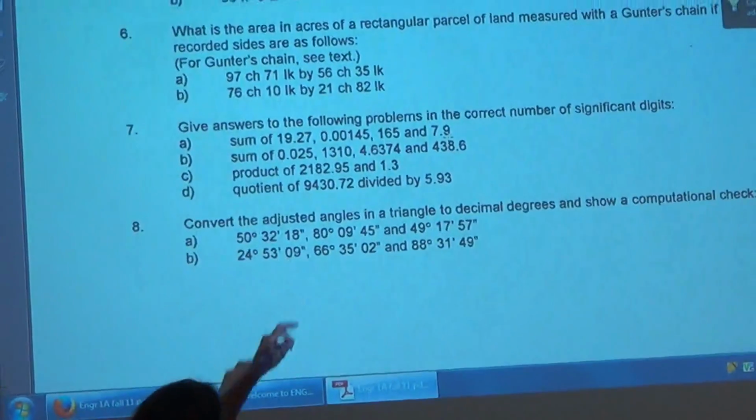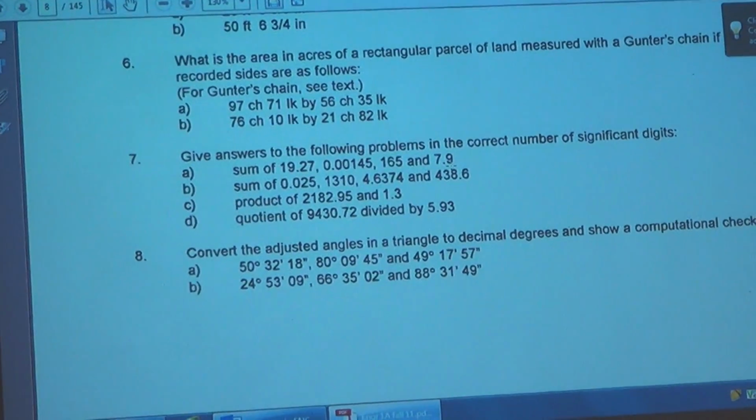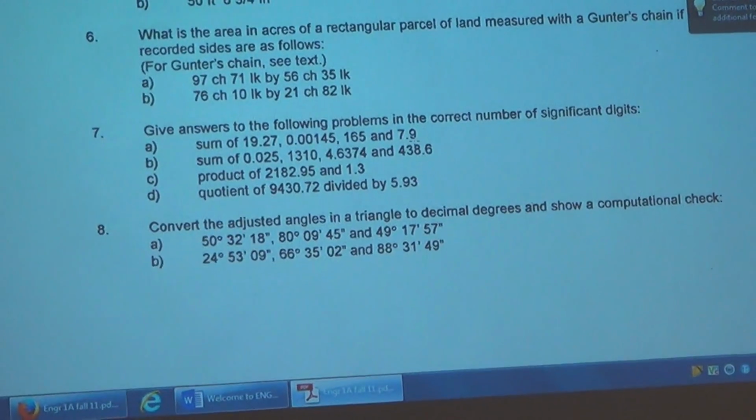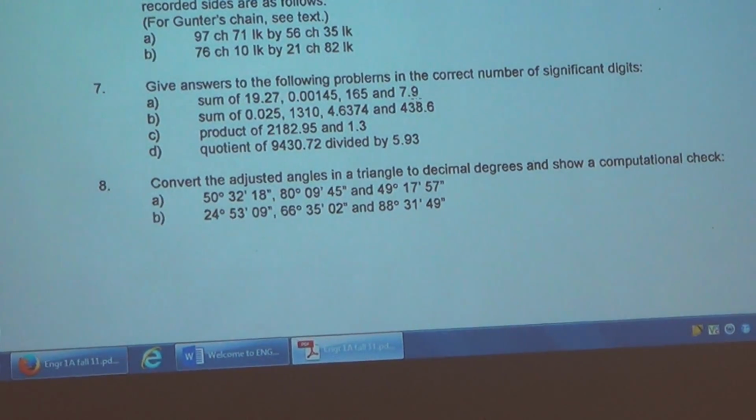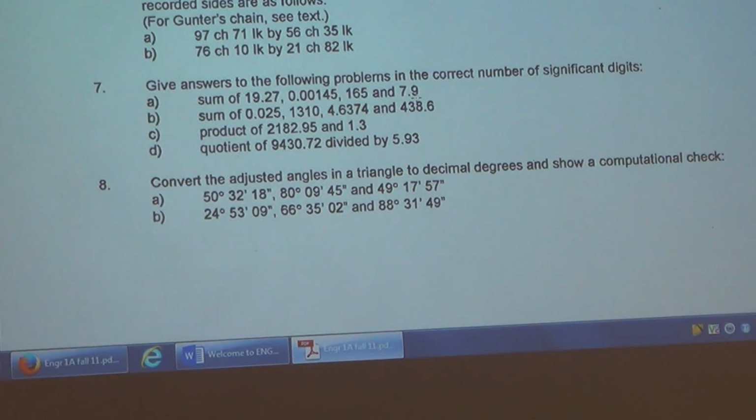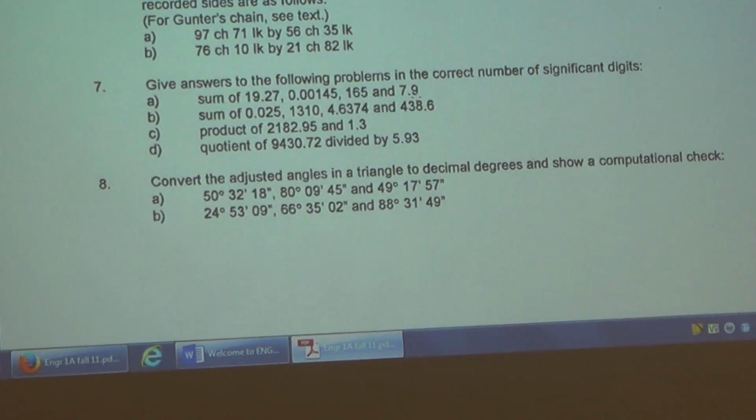Product of 2182.95 times 1.3. Which is the estimate in the top one? The 5. Which is the estimate on the bottom? The 3.